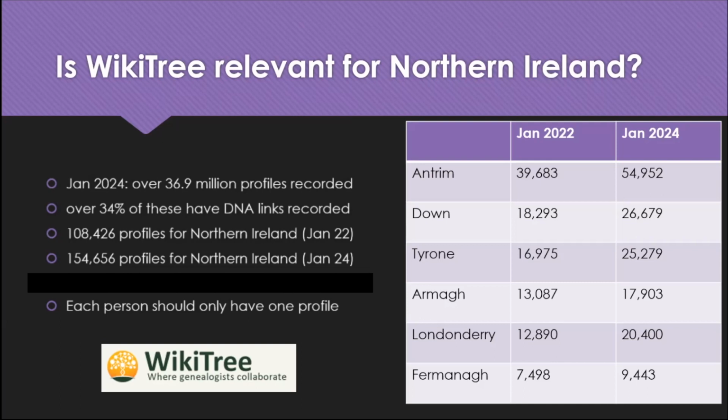And then as pages get merged together, the tree gets closer and everyone then starts to find more connections on the WikiTree. So as more profiles are added for people who were born in the 6 counties, that becomes more useful for all of us who have Northern Irish ancestors and are trying to find them and trying to find links between people who have Northern Irish ancestors.